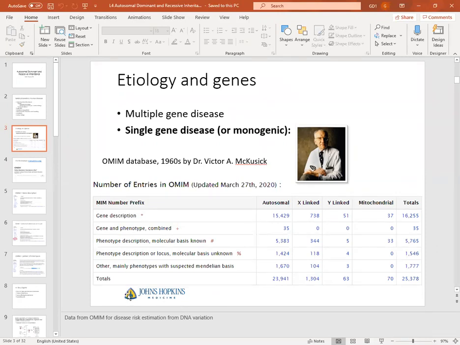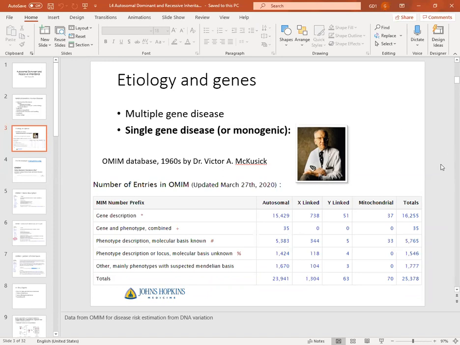This database right now is hosted by Johns Hopkins Medicine School in the USA. But the database is also closely shared with some big organizations in the human medical system or biotechnology centers in the USA, like the NCBI or the Ministry of Health of the USA.